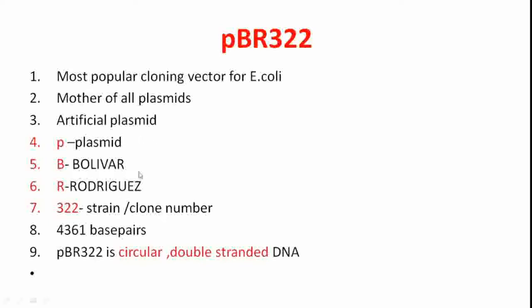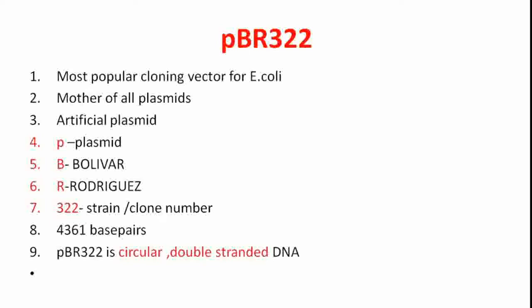So the first letter of Bolivar, B, and the first letter of Rodriguez, R, were added after the small p, as I told you earlier. And 322 is the clone number or strain number given to this plasmid. It has 4,361 base pairs.